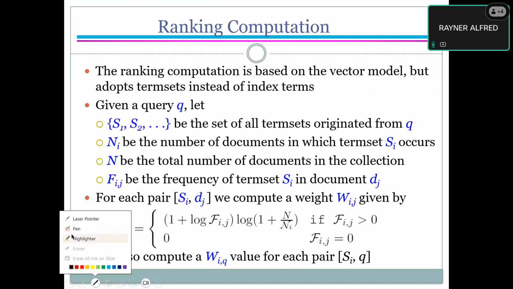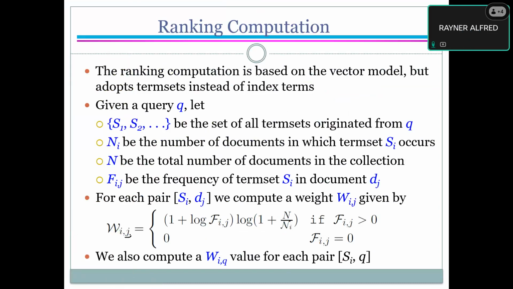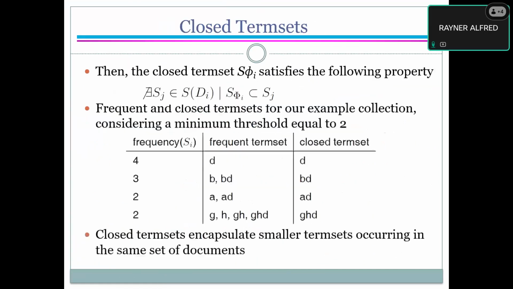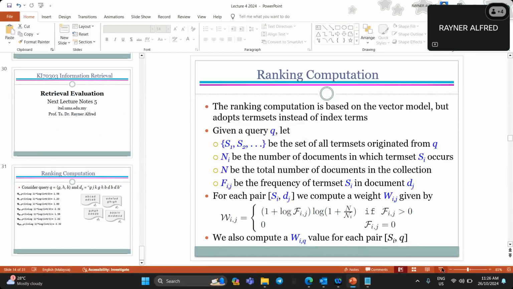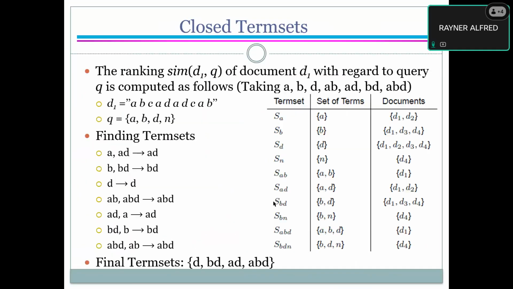So if we are looking at the query, if this is the query, then this is the frequency of that term set in the query. But this one is always the number of documents that consist of that term set. So now we are calculating the weightage for the term set in the query, right? So when that happens, this one should be what?